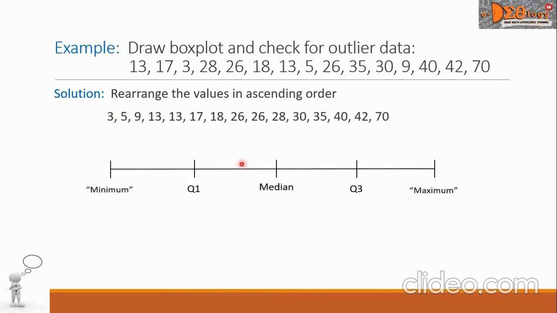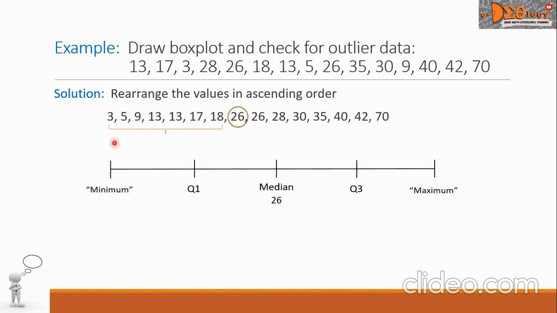Now the box plot is here. In the middle is the median, the minimum and the maximum at endpoints. First quartile is here and third quartile also. We know that the median is the middle value, that is 26. So we write that value in the middle.